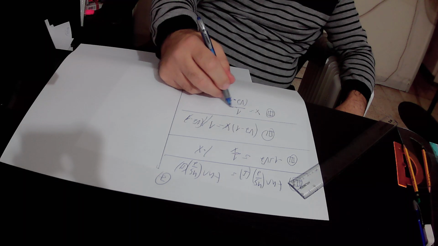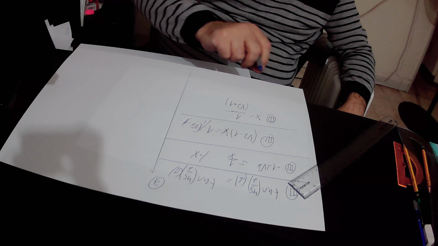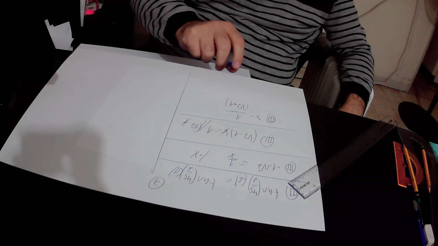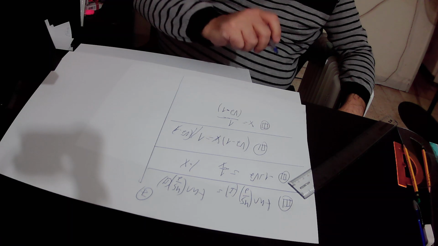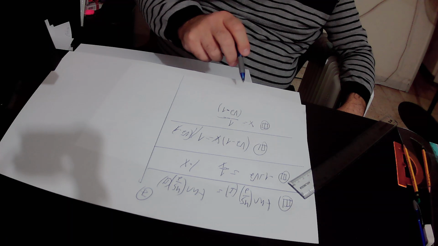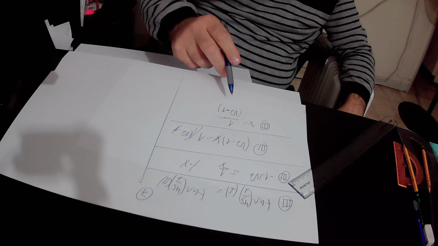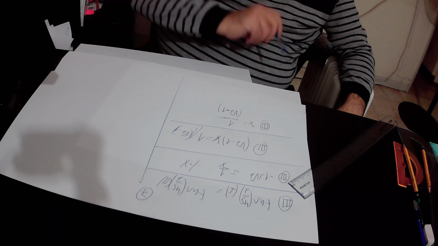Again, we found out that x, that is what we are looking for in this question, equals 1 over square root of 2 minus 1.